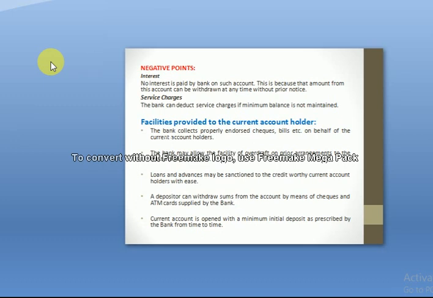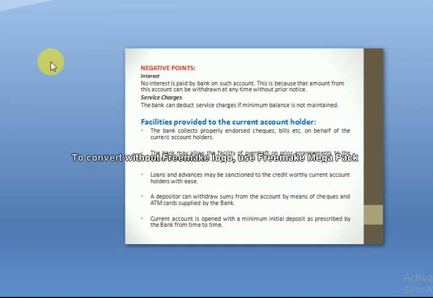Service charges, this is another disadvantage, or negative point, of the current account. The bank can deduct some service charges if the minimum balance amount is not maintained, or if some extra money is withdrawn within 24 hours. For example, there is a limit that you can withdraw up to 50,000 within 24 hours without any charges.